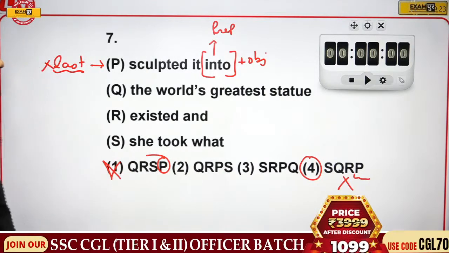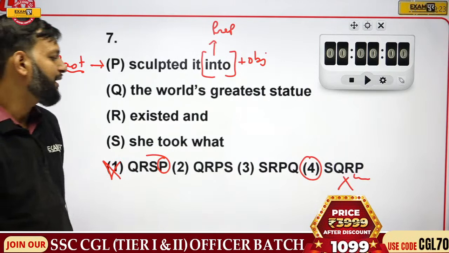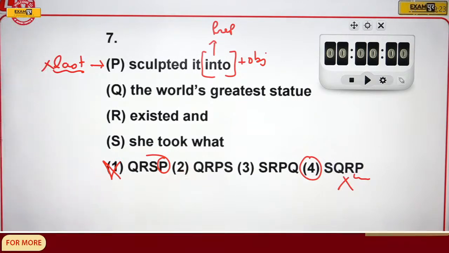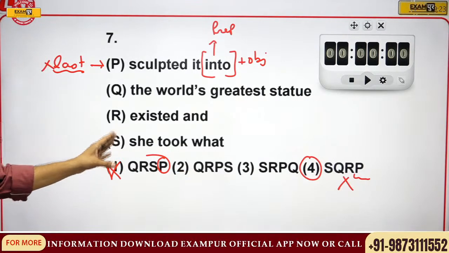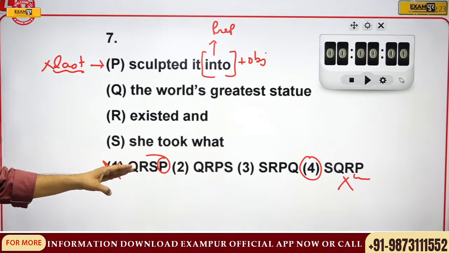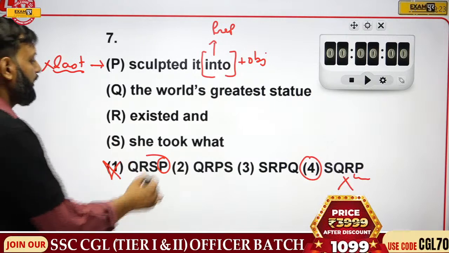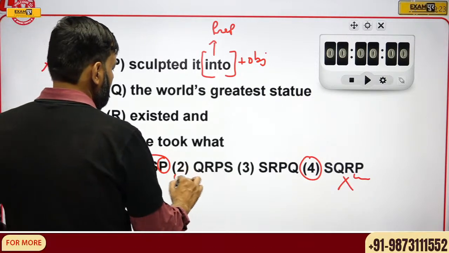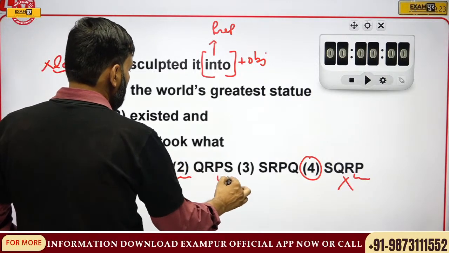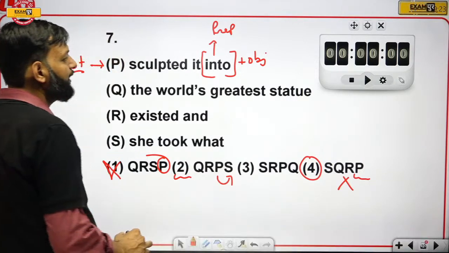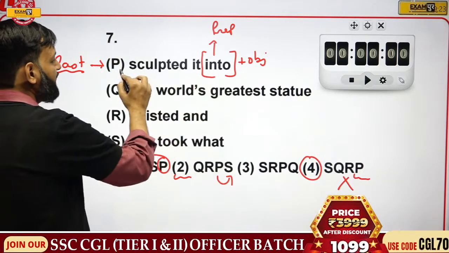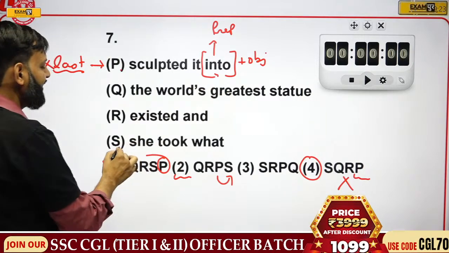Now we are left with two options, QRPS and SRPQ. So Q has the world's greatest statue existed and sculpted it into. Now according to option number 2, P is followed by S. Now P ends with into and S starts with she.